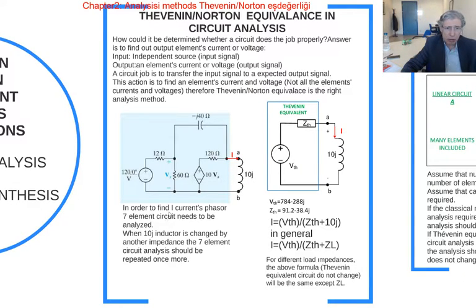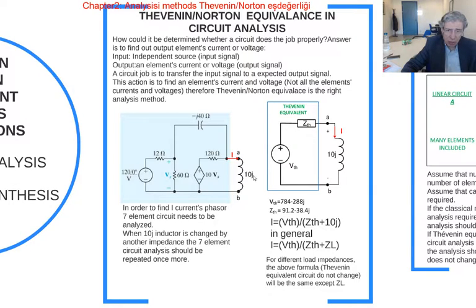What is this? It says here 1, 2, 3, 4, 5, 6, 7 elements. So in this circuit, altogether we've got 7 elements, and we are dealing with this element's current only, that is the inductor's current. In order to find the I current phasor, a 7 element circuit needs to be analyzed. So we are going to analyze a 7 element circuit here and find out this one.